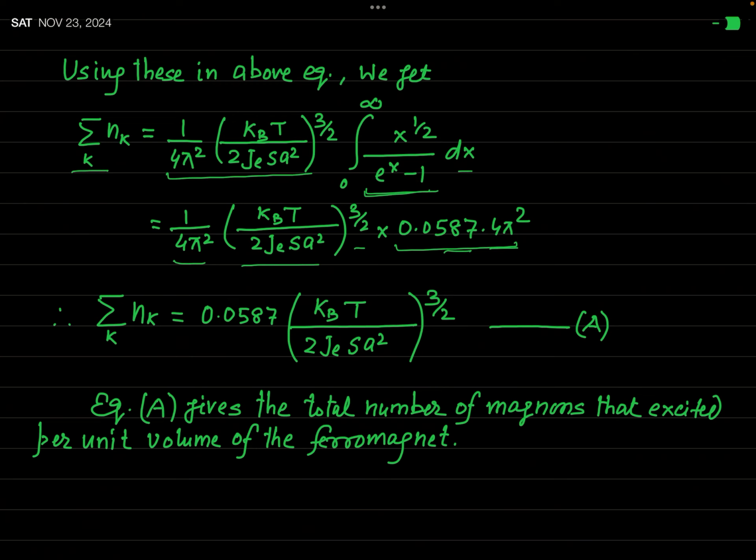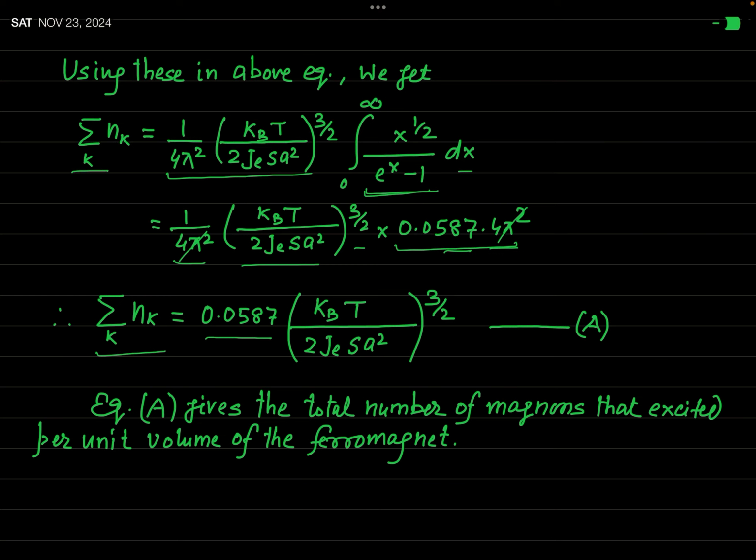And therefore you can write that the summation over k of nk is equal to 0.0587 times kBT over 2 JSA squared, to the power 3 by 2. Here the 4 pi squared and 4 pi squared will cancel out.